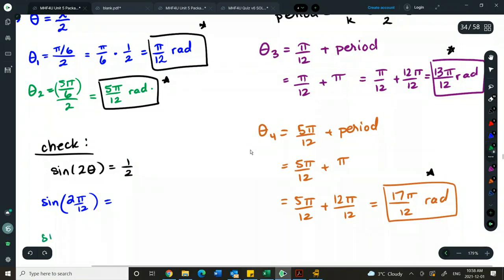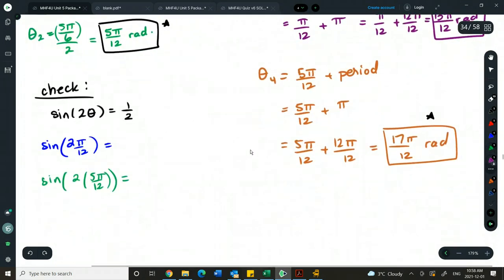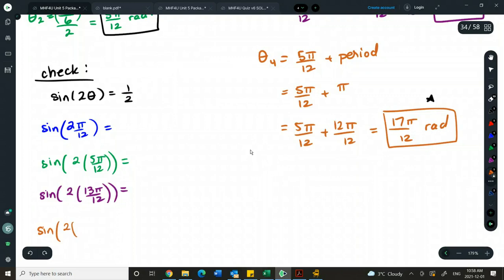Then you're going to check sine of 2 times 5 pi over 12. Make sure that's positive half. Then we'll check sine of 2 times 13 pi over 12. Make sure that's a half. And then you'll check on your calculator, make sure you're in radians. Sine of 2 times 17 pi over 12.